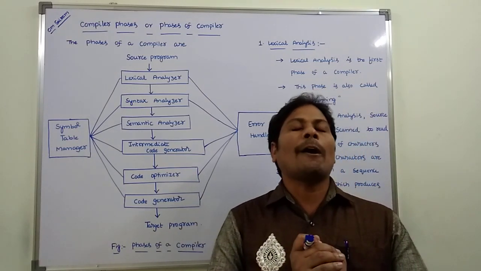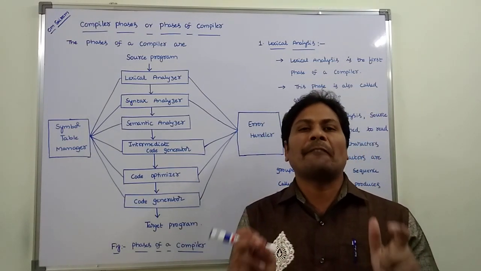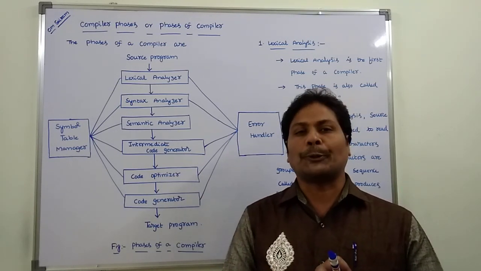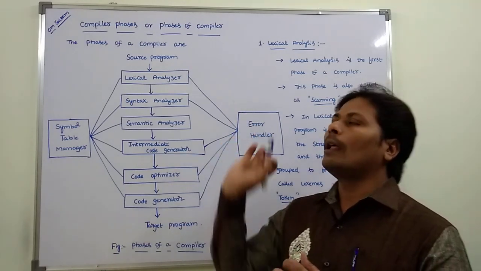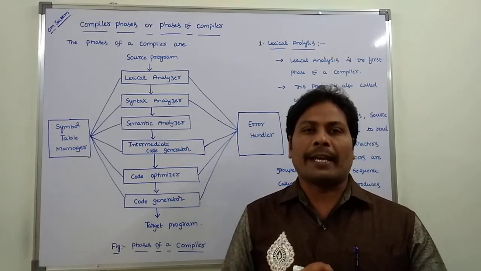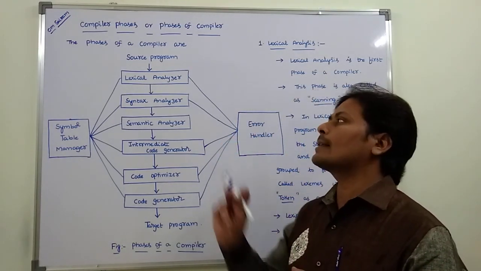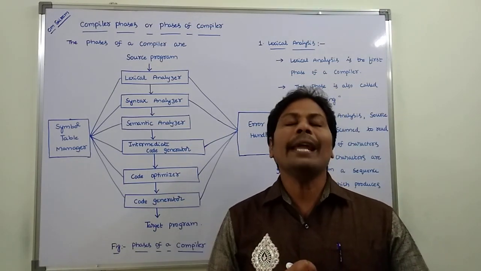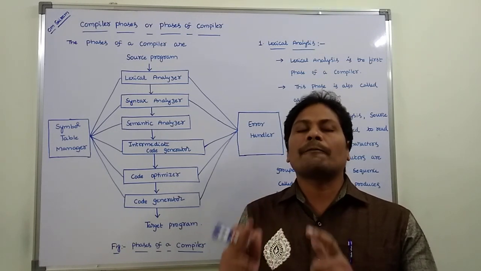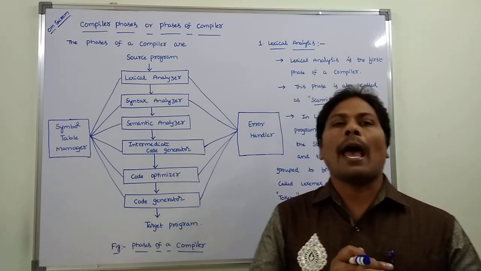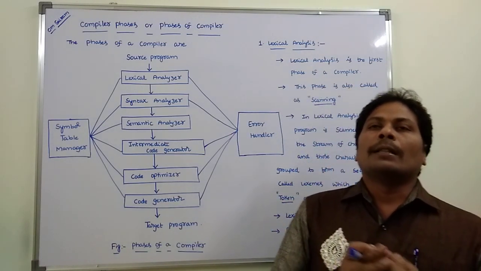The output of the lexical analysis phase is a stream of tokens. This is the description about the lexical analysis phase, which can be done by the lexical analyzer. The lexical analysis phase is also called scanning.